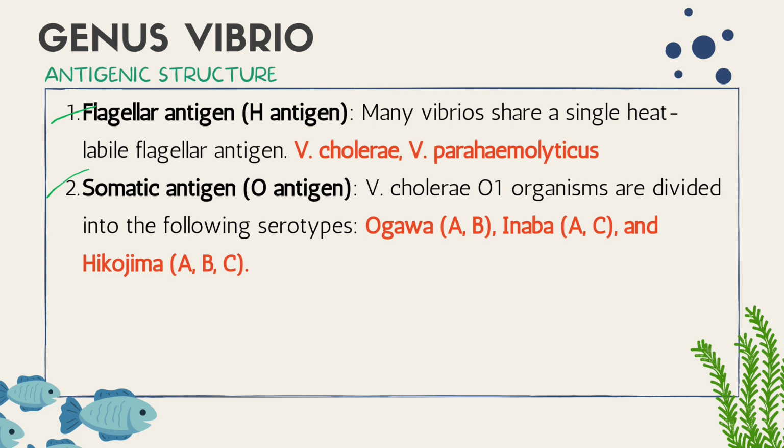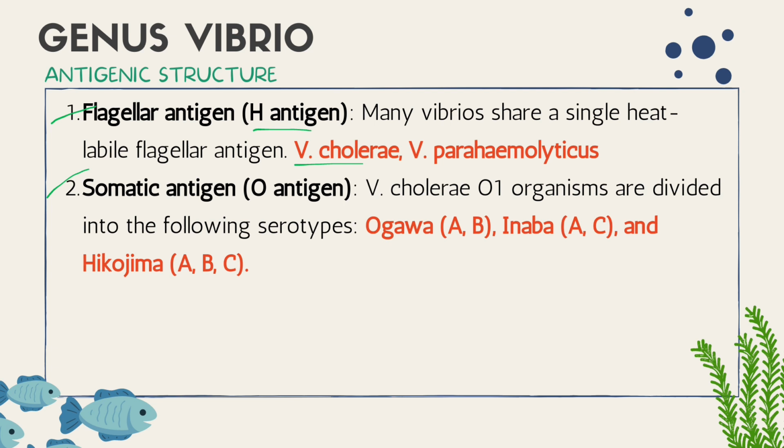H and O antigens are usually tested by serological tests. A good example of a serological test is the Widal test, WIDAL, okay? The Widal test is used to determine or measure the antibodies against the H and O antigen. Normally, if a particular species, for example Vibrio cholerae, has an H antigen, that means our body, if exposed to Vibrio cholerae, will produce antibodies against the H antigen.